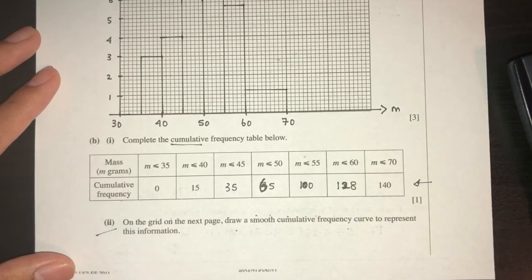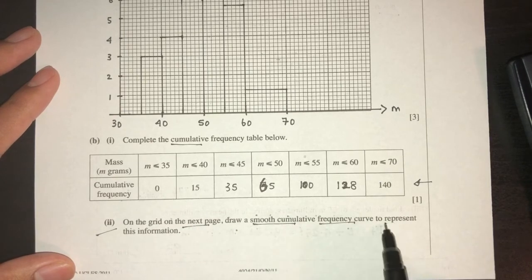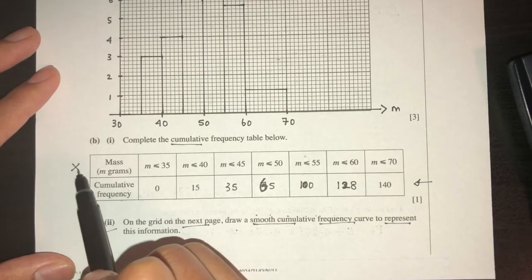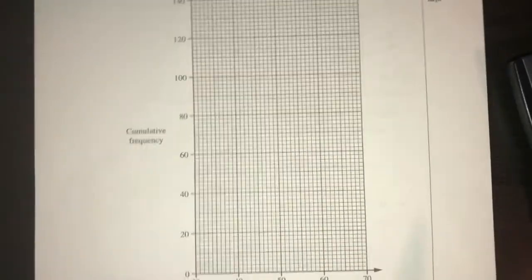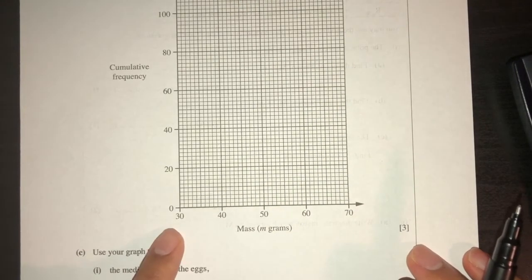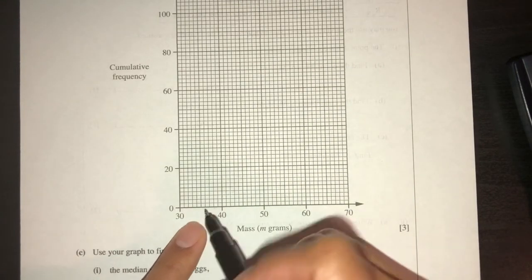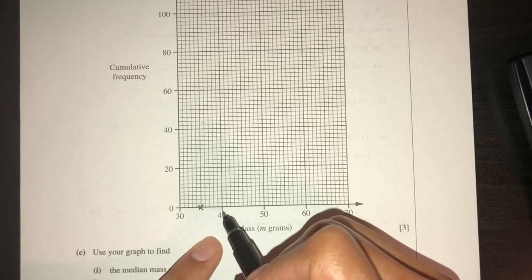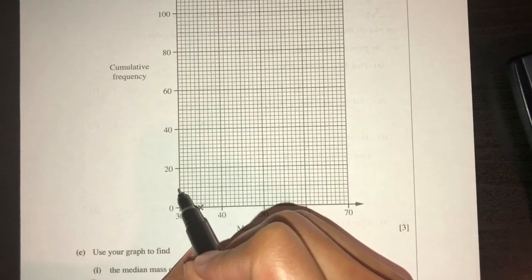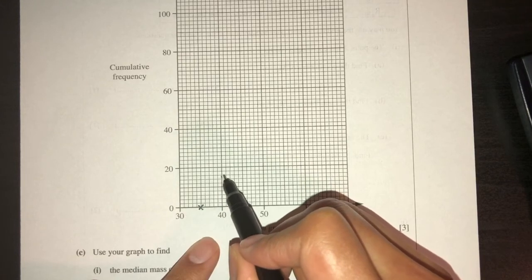Now for part 2, on the grid on the next page, draw the smooth cumulative frequency curve. This is your x and this is your y. So let's plot that on the next graph. For the first value we have 35, 0. Then we have 40, 15, which is in between 10.